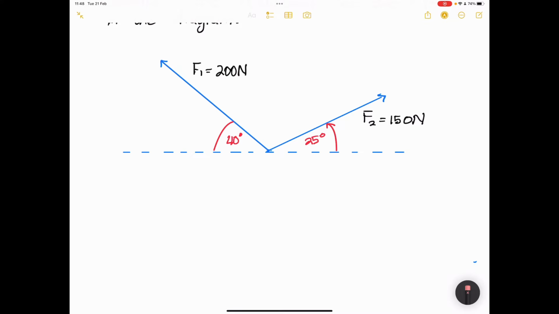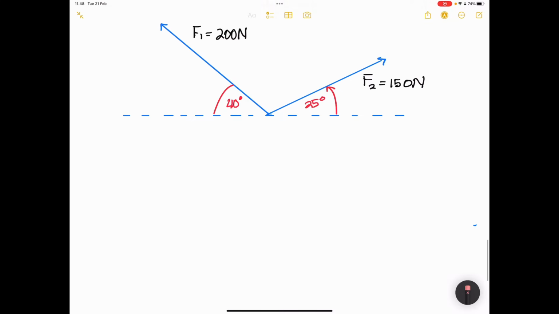Now, what's the first thing that we're going to do? If we were using the previous methods, we would try to complete a parallelogram and calculate the resultant from that. But now let's work with each force.